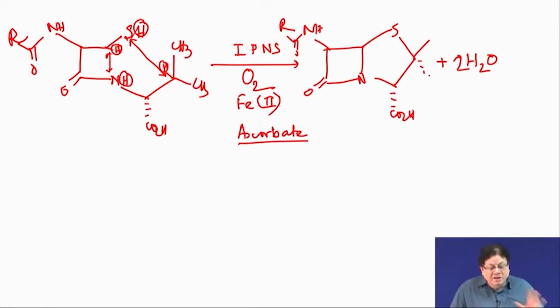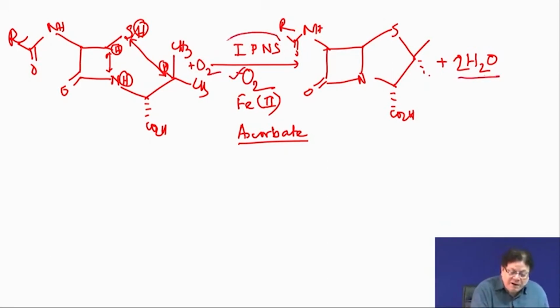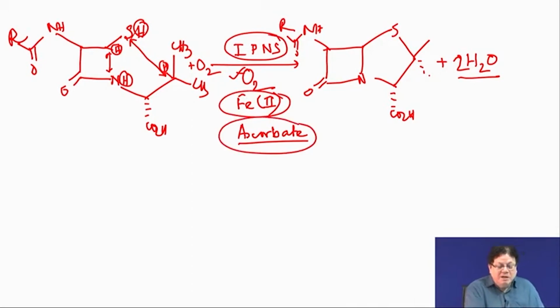So, these are the things that are required. That means oxygen is a co-substrate that is converted to water. IPNS is the enzyme, ferrous is the cofactor, okay, and ascorbate's function is to keep the ferrous iron in the +2 state. So, this is the reaction.